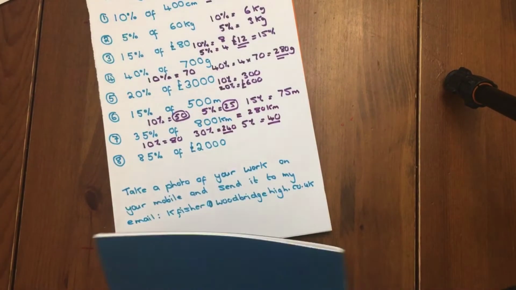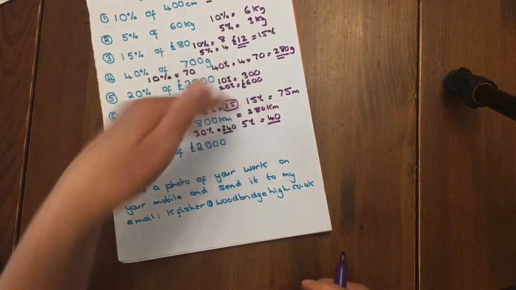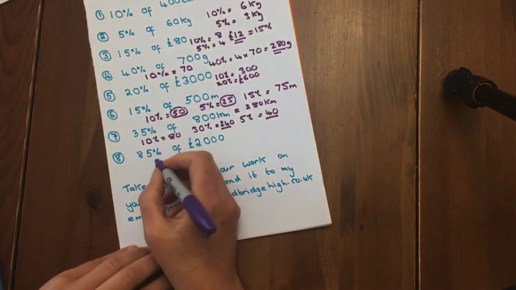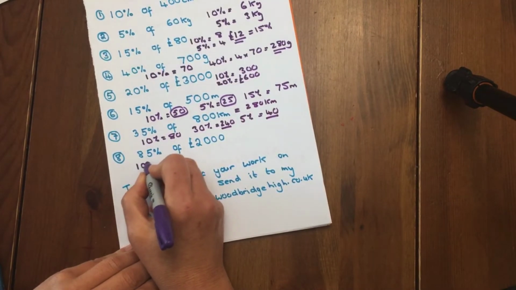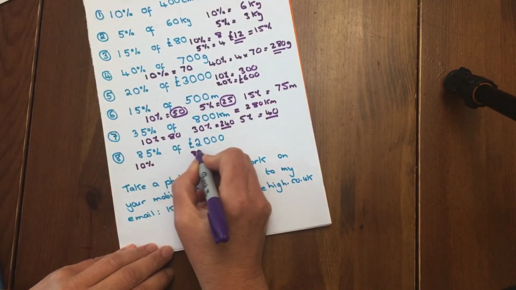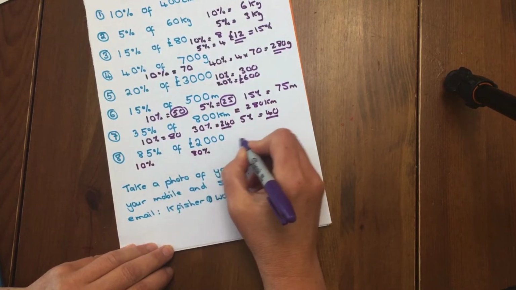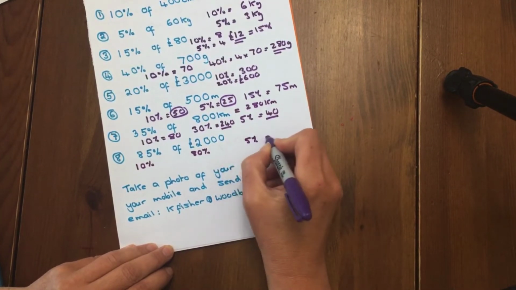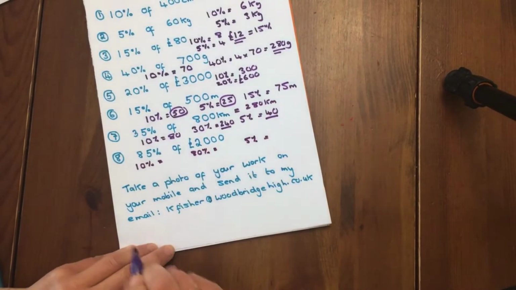And the last question, question 8. My last question is I need to find 10%, I need to find 80%, and I need to find 5%. So just think about what you need to find first.